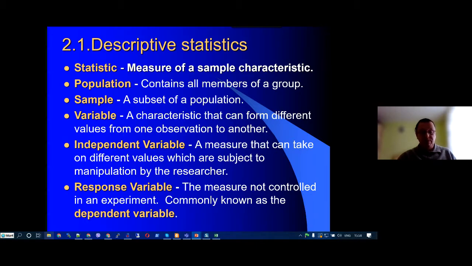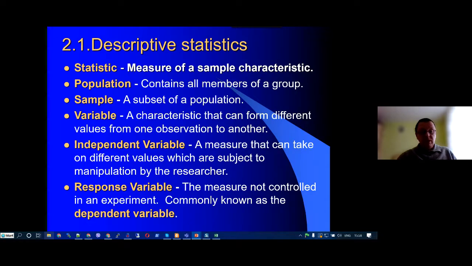or register some changes through time. For example, when we're recording an ECG, an electrocardiogram, from a patient, time is the independent variable, and the measured electric potentials become the response variables. Or the term dependent variables could also be used.